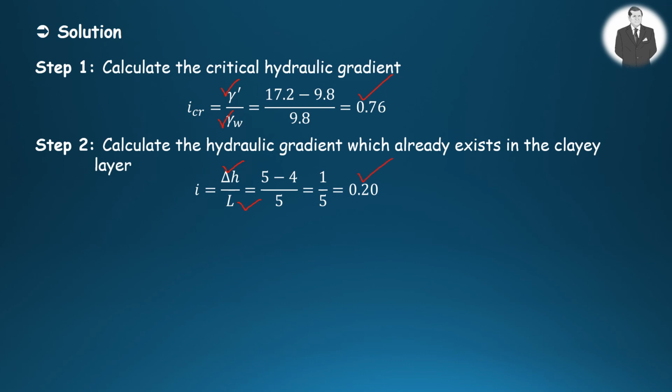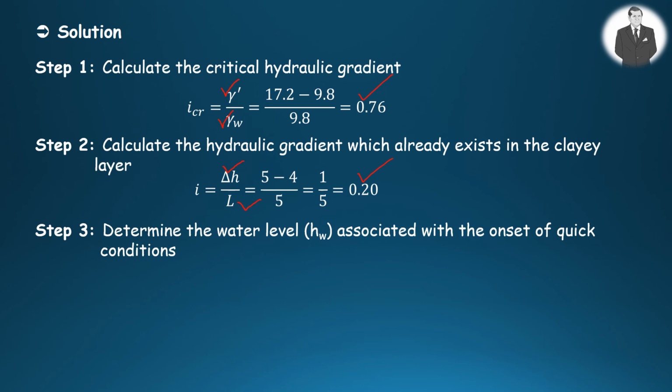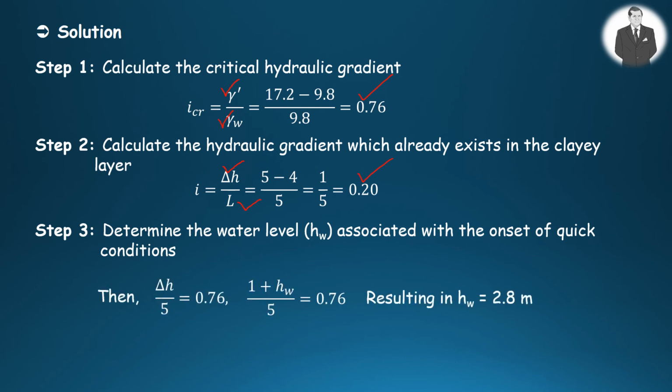So it is 0.20. As a final step, we need to determine the water level related to the start of quick conditions. In this case, the critical hydraulic gradient is the ratio between the head difference, the difference between water levels after pumping, and the thickness of clay layer under aquifer condition or artesian condition.